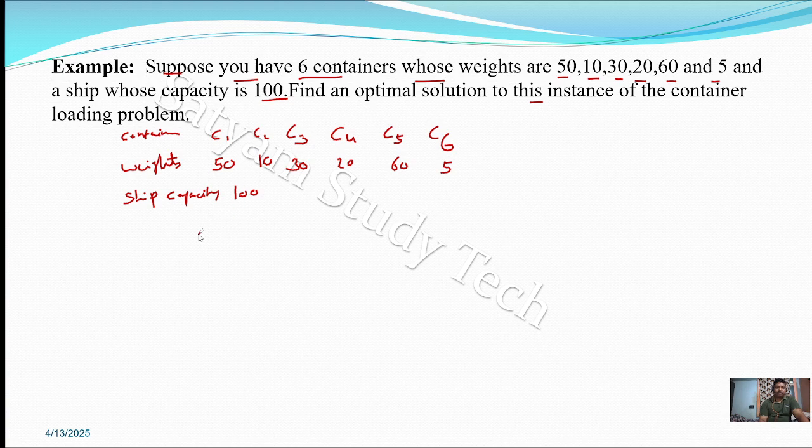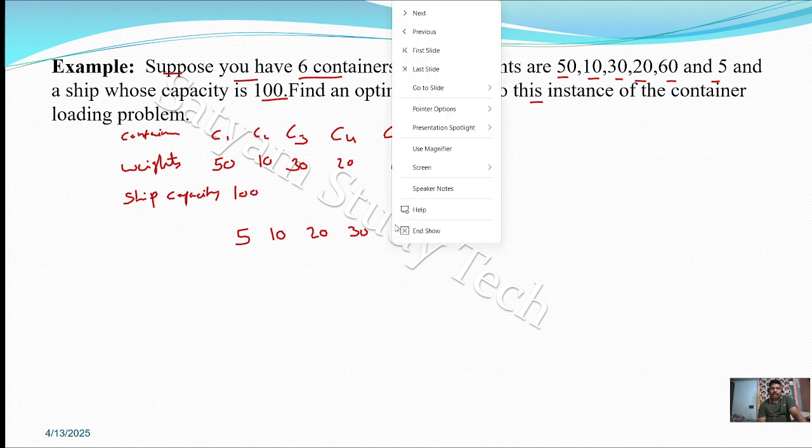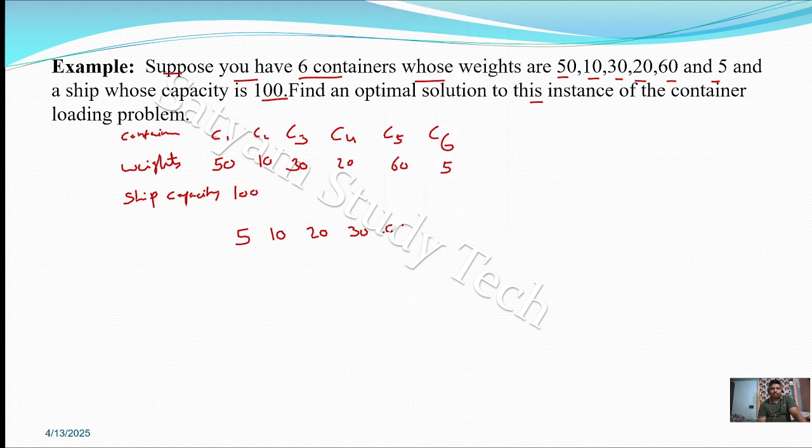So arrange them as 5, 10, 20, 30, 50 and 60.